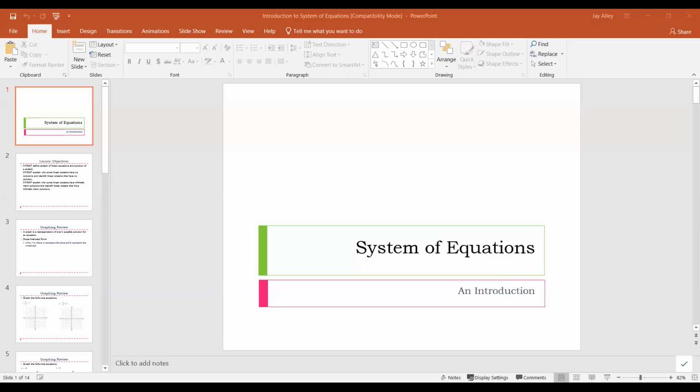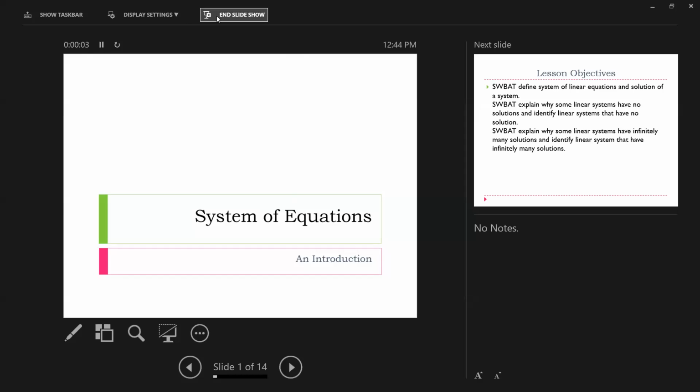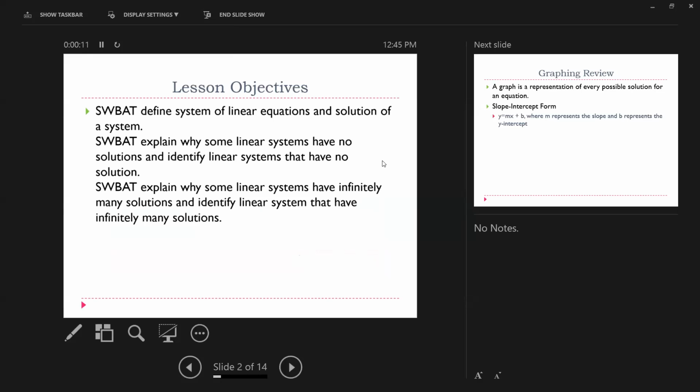So the first thing we're going to look at is kind of an introduction. What does it really mean when we're talking about systems of equations? The thing we have to learn how to do is figure out why these linear systems work the way that they do.